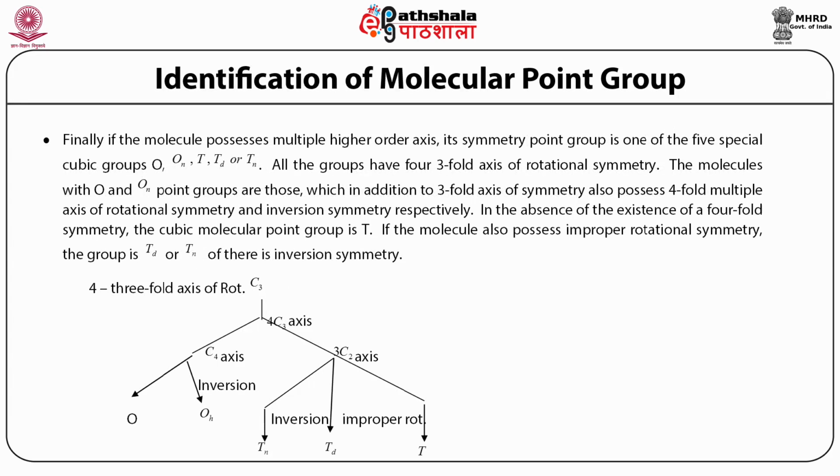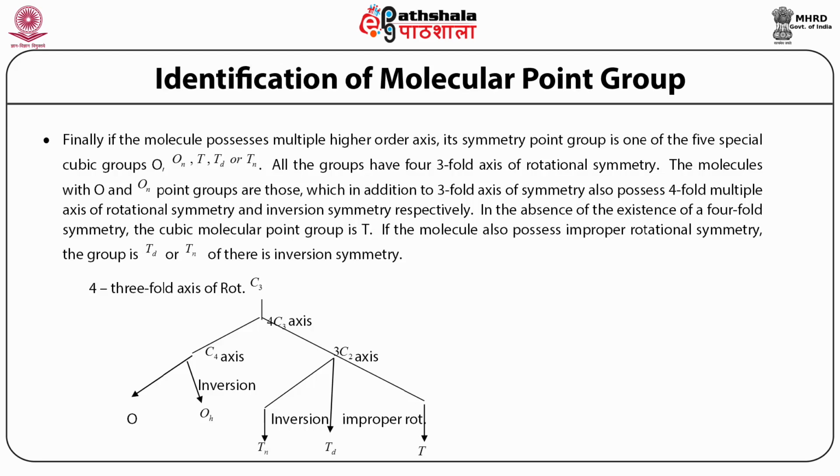Finally, if the molecule possesses multiple higher order axes, so far we have considered only those molecules which have one main axis, one higher order n-fold axis. If the molecule possesses more than one higher order axis, its symmetry point group is one of the 5 special cubic groups.